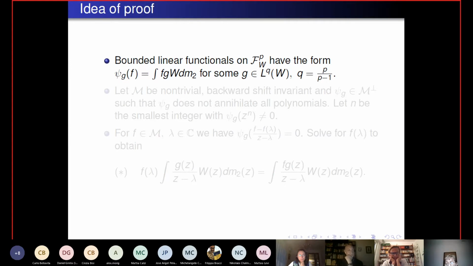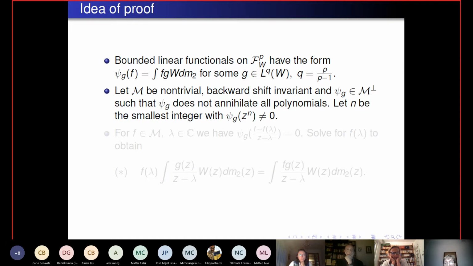And then if we start with a non-trivial backward shift invariant subspace and take some functional that annihilates it, if the functional is not 0, then it will not annihilate all polynomials. So we can find a monomial, the smallest power, such that the functional does not kill z^n.